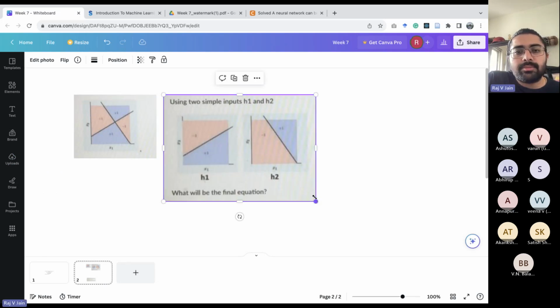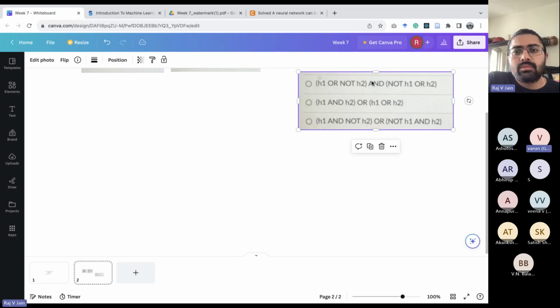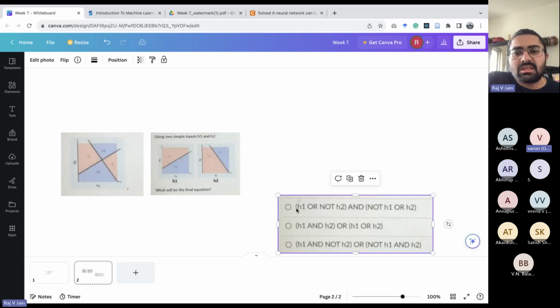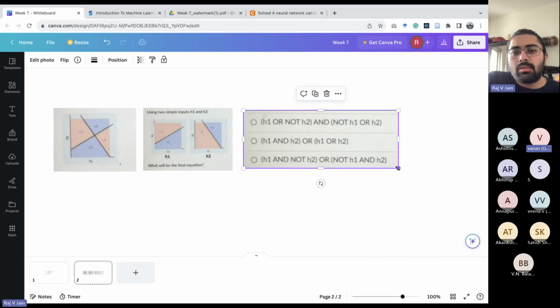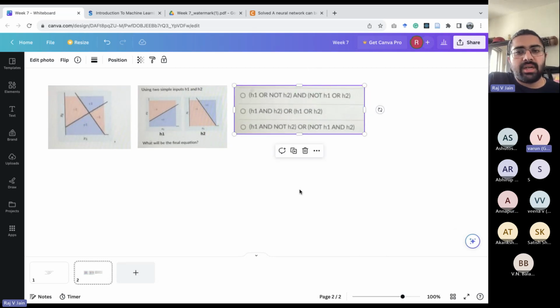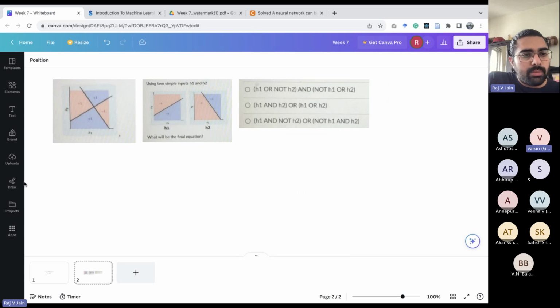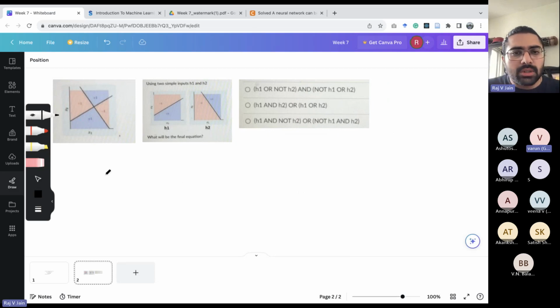I hope this is visible, right? The more interesting part is, for example, this area, because H1 is saying that this area is positive, and H2 also, but we need this area to be negative.